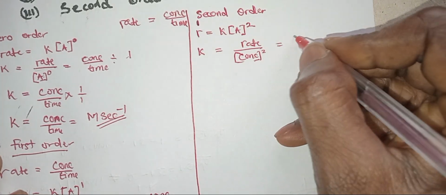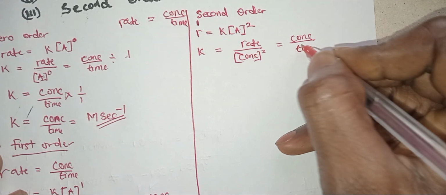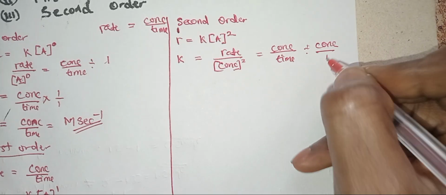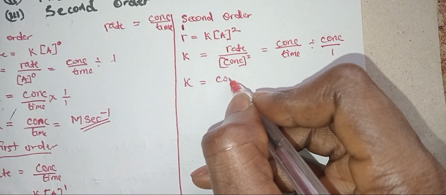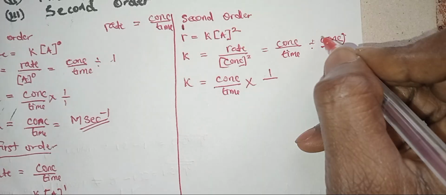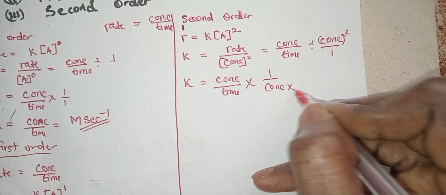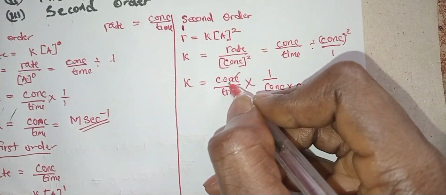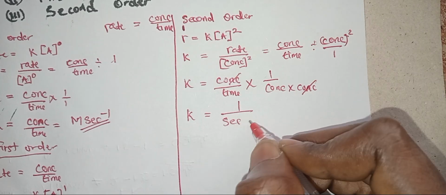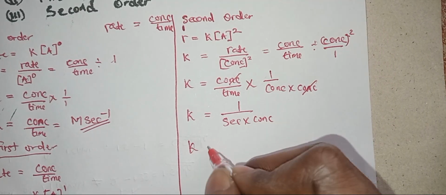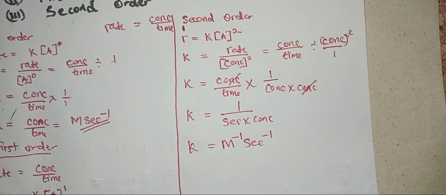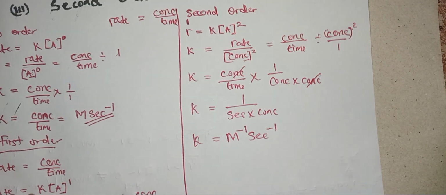And the rate will be equal to concentration over time divided by concentration squared over 1. So we can have K equal to concentration upon time multiplied by 1 whole over concentration multiplied by concentration. So this one and this one will cancel out. So K will be equal to 1 upon second multiplied by concentration. So we can write it like this: per molar per second. So our K for the second order is going to be per molar per second.